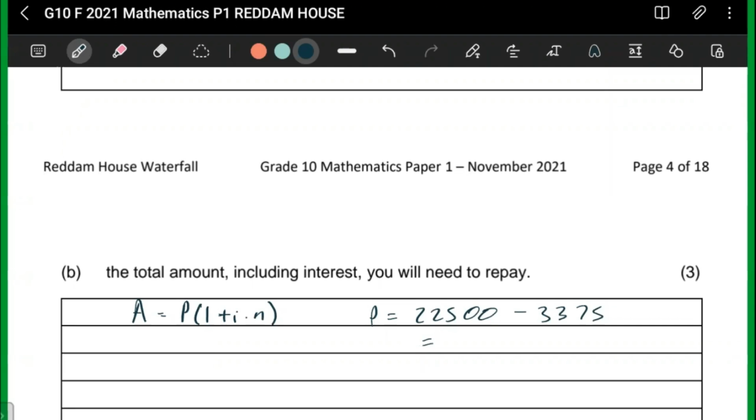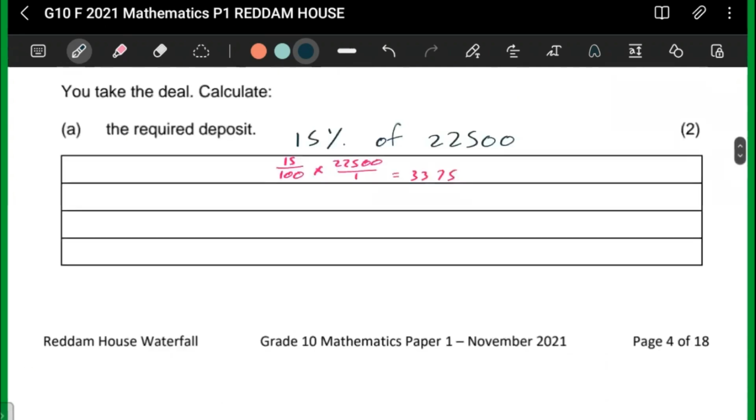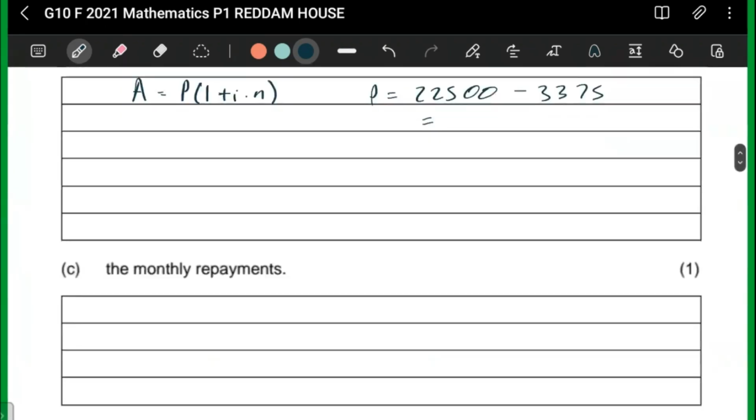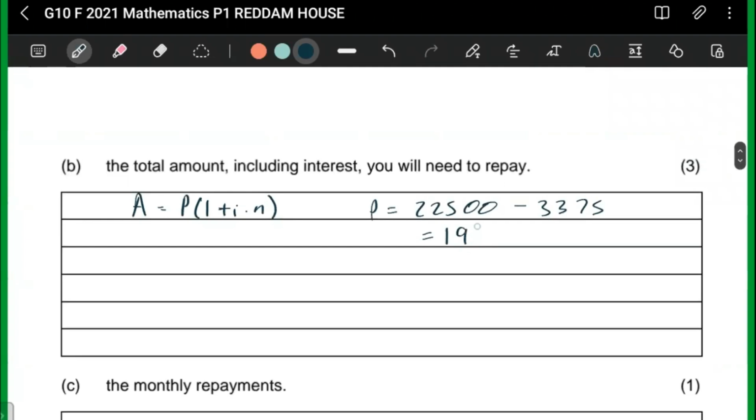You see, so the value of the computer, if you subtract what you paid, we're going to get here 19,125. So the value of P is 19,125. 1 plus the interest is 24%, so you can put here 24 over 100.